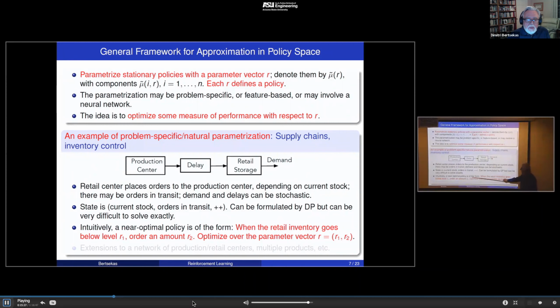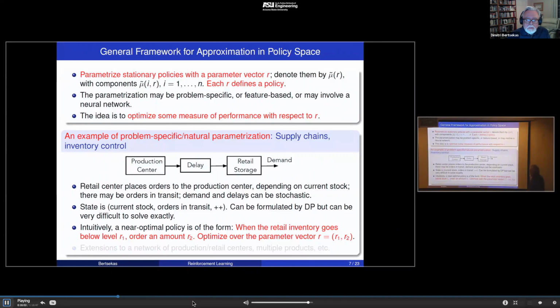And here's an example of a near optimal policy. When the retail inventory goes below a certain level, when you're running low, order more, okay? With the critical level and the order amount being parameters. So you may set these critical numbers and then try to optimize them in a policy space manner.